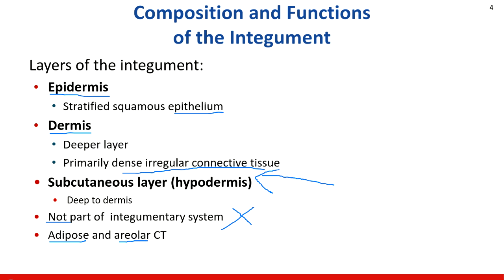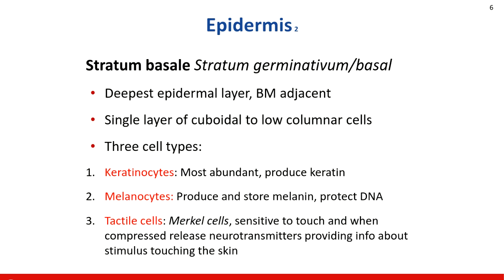So let's talk about the epidermis here. The epidermis is made up of 4 to 5 strata, or smaller layers. You want to know the names for all these layers.